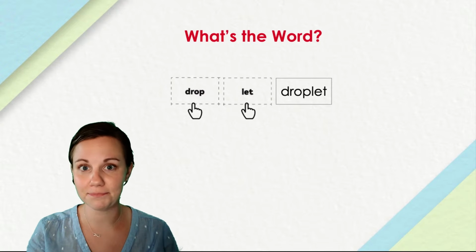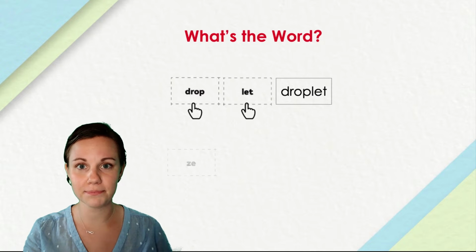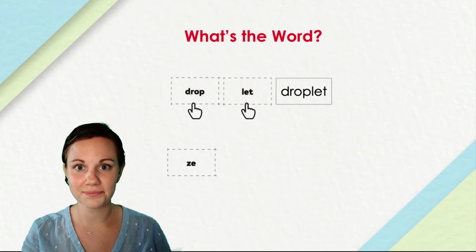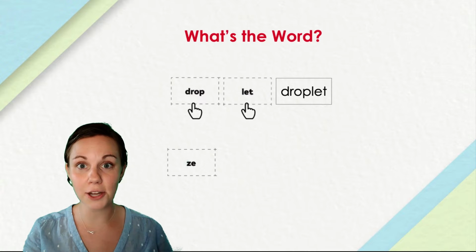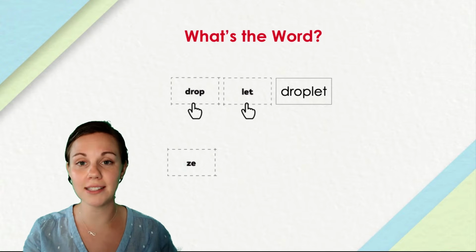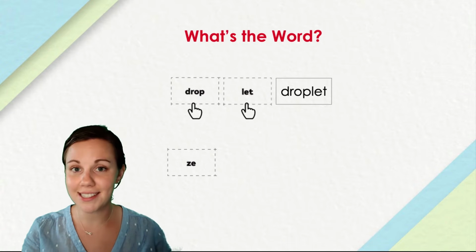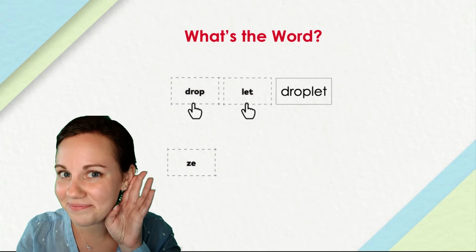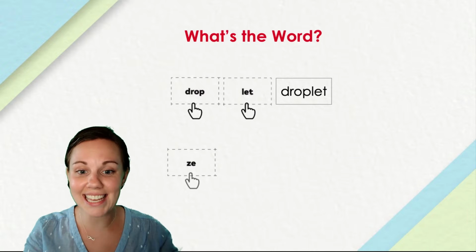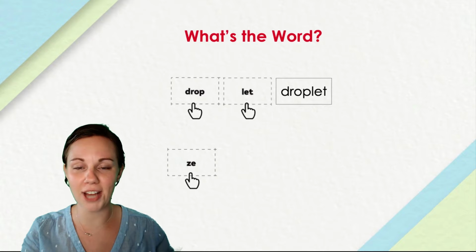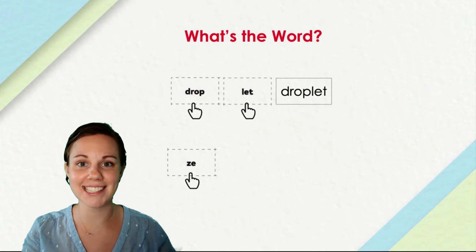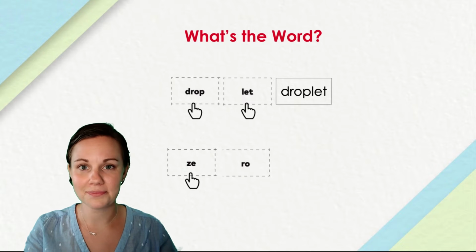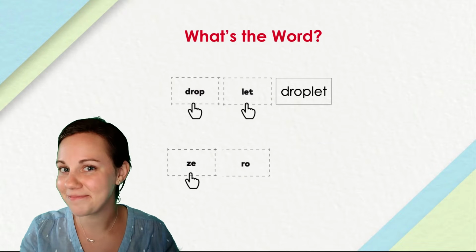Let's do it again. Here's our first syllable. Looks like it's an open syllable. There's no consonant closing it in. What does it say? Z. Great job. Our first syllable is Z. Here's the second syllable. What does it say?